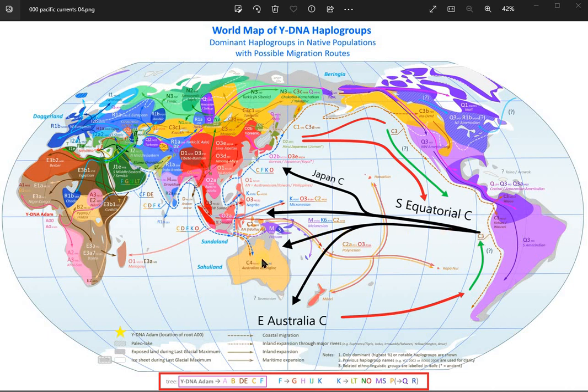It's C, I mentioned, a descendant of Q. C, descendant of Q, comes up, there's a current here. It's the North Pacific gyre, it makes this movement.